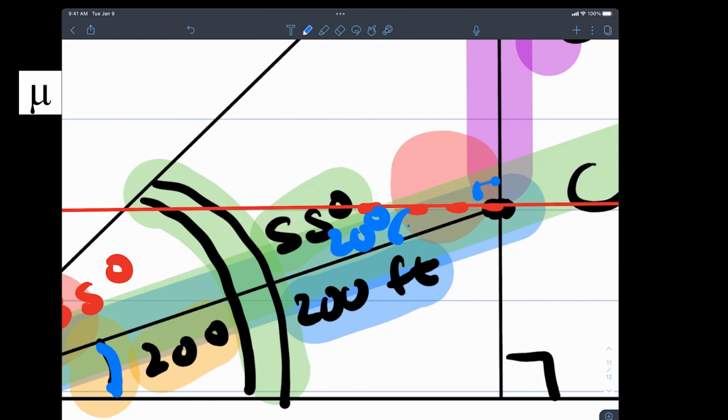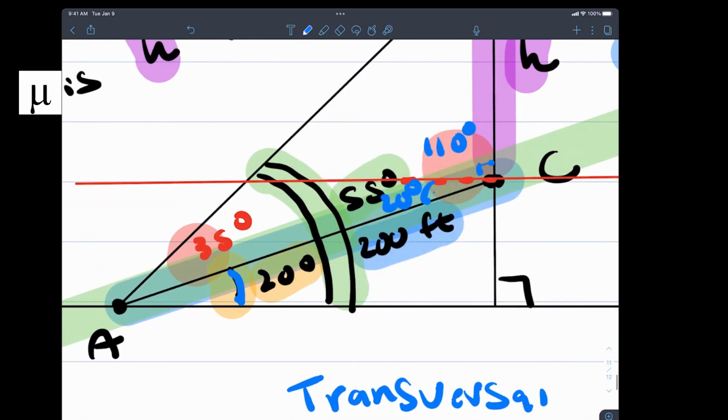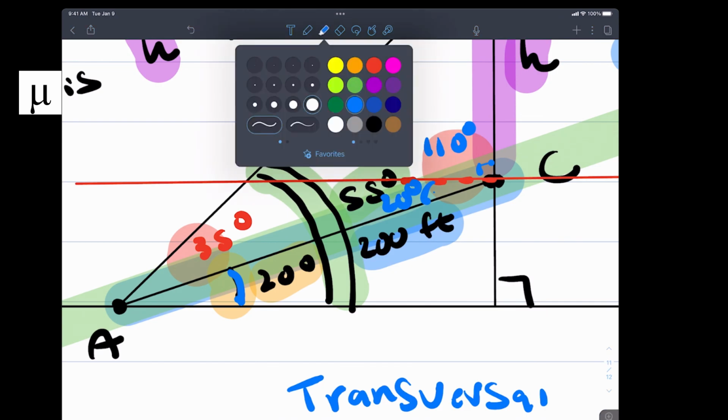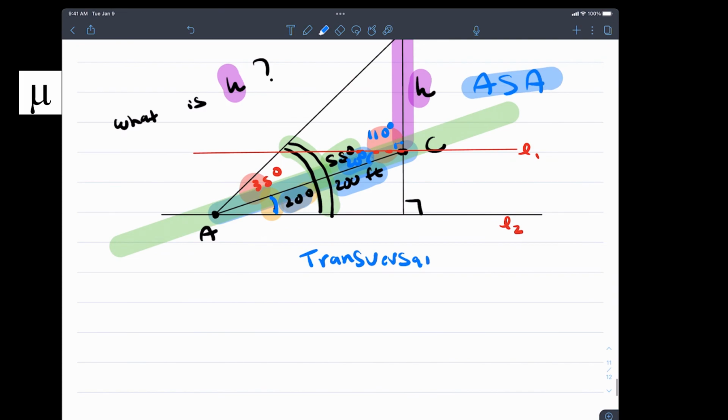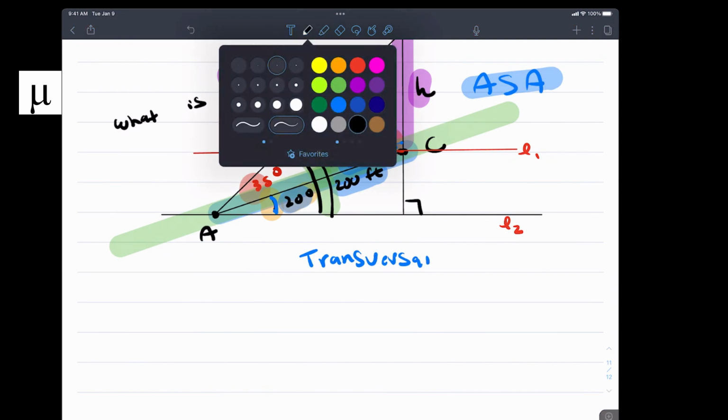Isn't that 90 degrees? So this is going to be a total of 110 degrees right in here. Okay, so notice I'm just drawing a transversal. This 20-degree angle is the same as that 20-degree angle, and now 90 plus 20 gives you that 110.